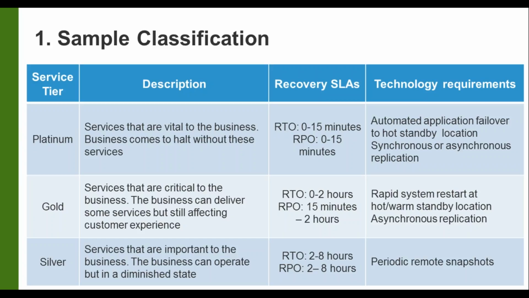You could have 4 categories, 5 categories, or maybe just 2 categories. So take this classification as just a sample, as a guide. All the sample list wants to highlight is that you would not want to invest in building a 5-star capability for a 3-star application.